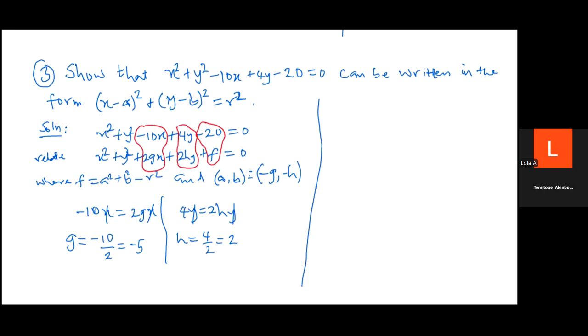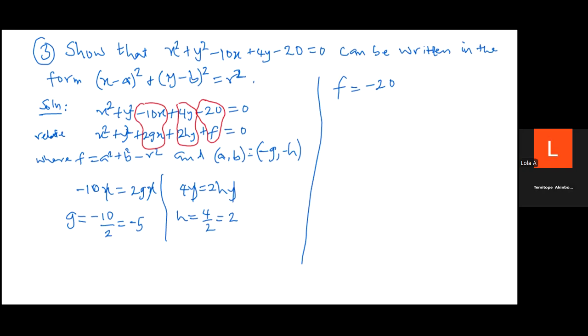Then f equals minus 20. But before I move to that, let me deduce the center completely here. Now, (a, b) is equal to (minus g, minus h). So I will substitute for g and h.